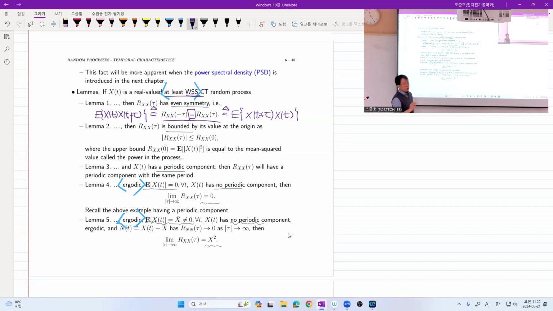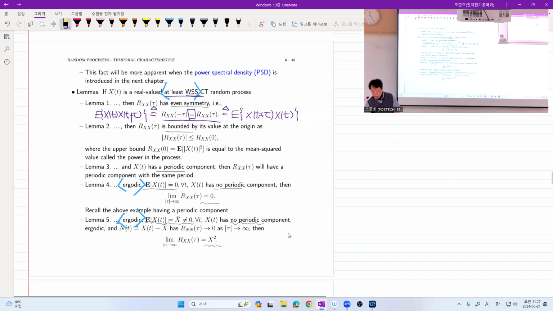Of course, not only wide-sense stationary, but also it could be stationary to order 2, stationary to order 3, and so on, everything which implies wide-sense stationarity, okay? So under any condition that implies wide-sense stationarity of a real random process, the following lemmas hold. So the first thing is that the autocorrelation function must be a symmetrical function if X is real. What if X is complex?